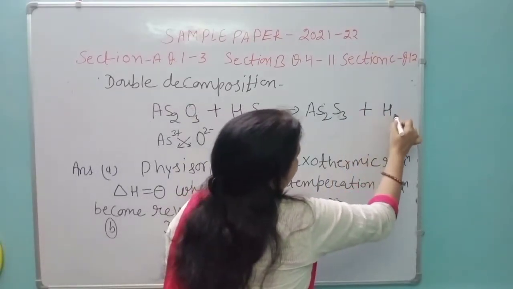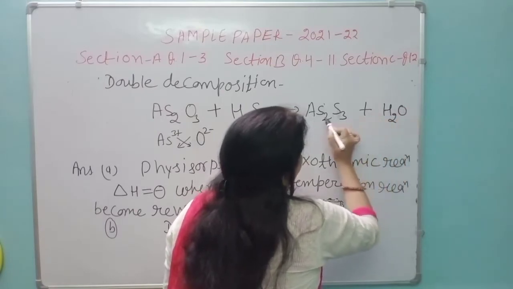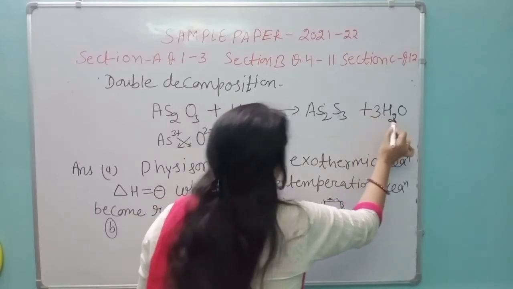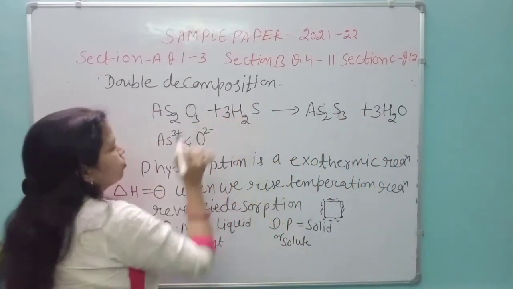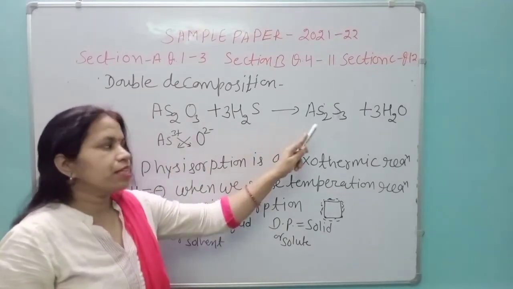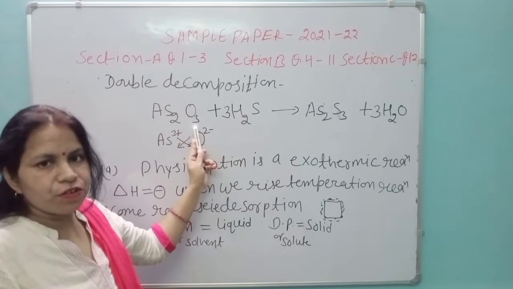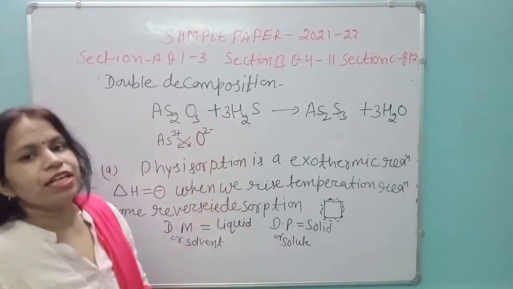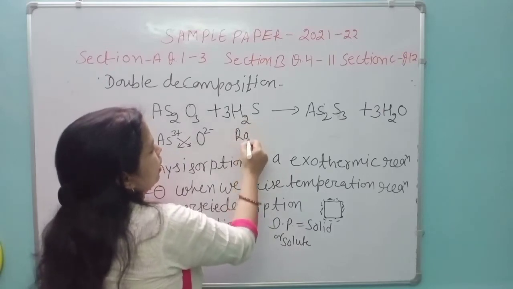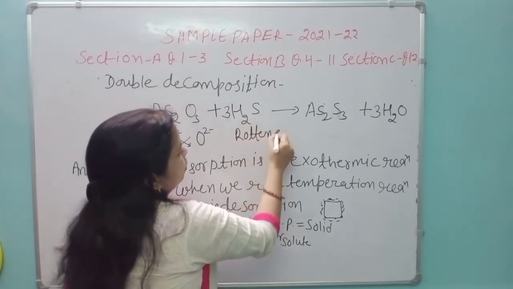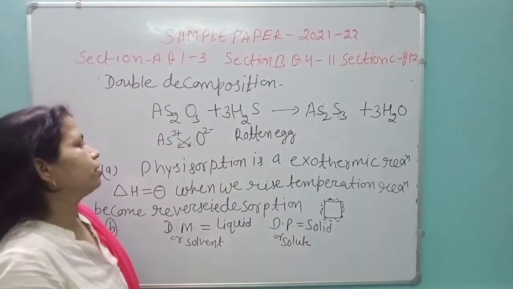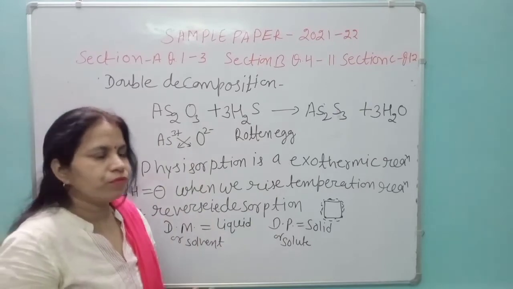Now balance the equation. Arsenic is already balanced. Oxygen: 3 into 2 is 6, and 3. So this is the double decomposition process. We can prepare arsenic sulphide sol from arsenic oxide and H2S gas. What is the odor of H2S gas? Rotten egg-like smell. It means H2S gas is here. So clear? First question is clear.